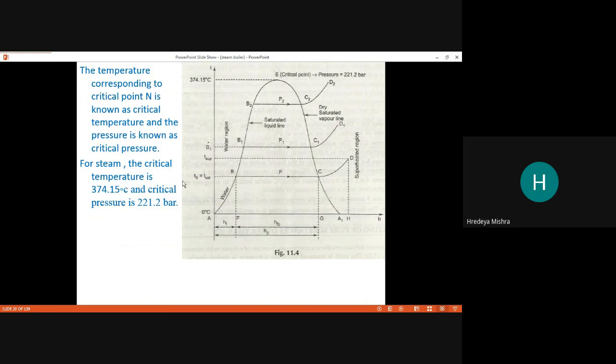It means that if water is there and we create this much pressure on the water and heat it to this much temperature, then the water is directly converted to steam. There is no latent heat present.